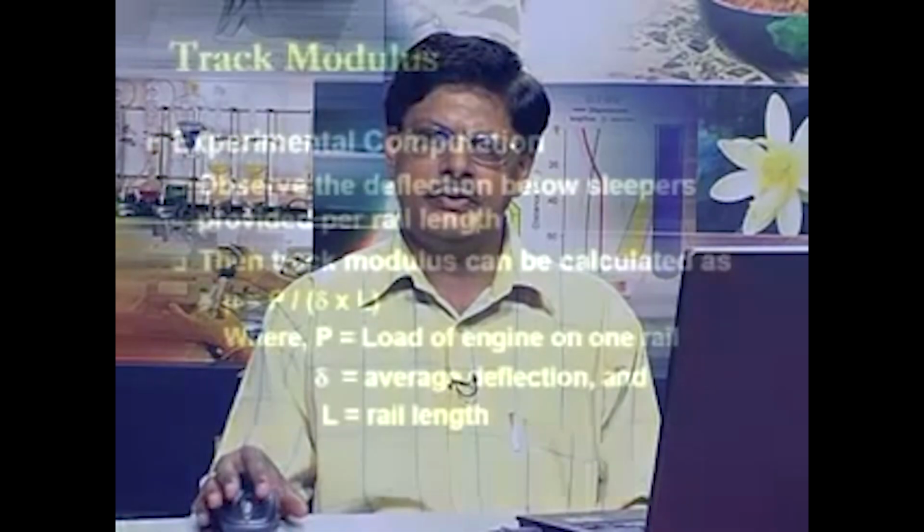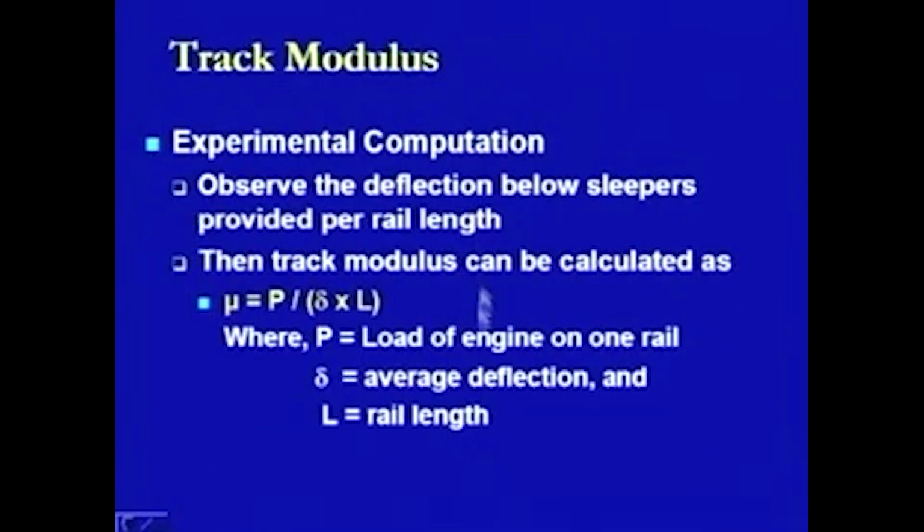So for all those sleepers which have been provided below that rail length, we compute the deflection, and once we have computed this deflection, we can find out the average deflection. That is how we can compute the value of the track modulus, which equals the load divided by the average deflection multiplied with the rail length.